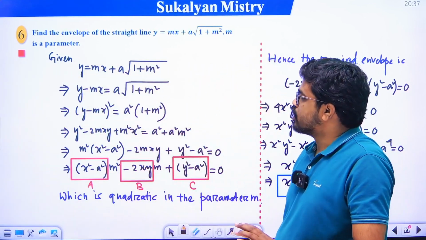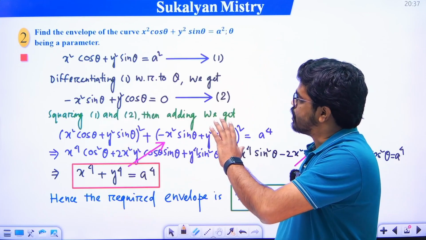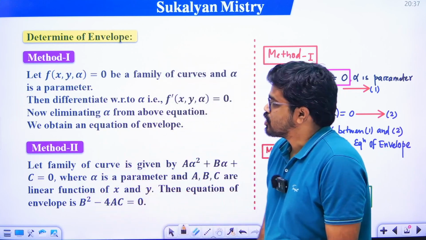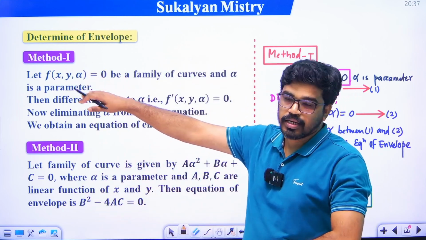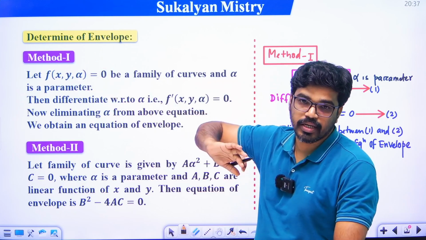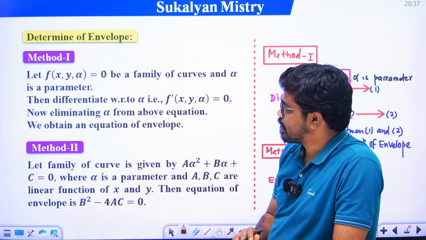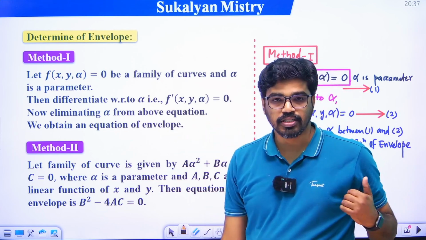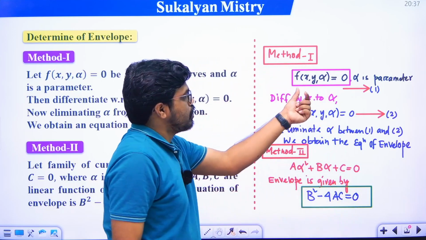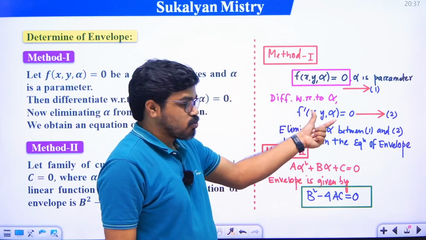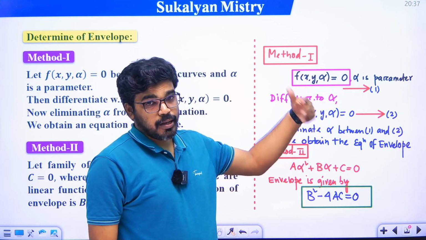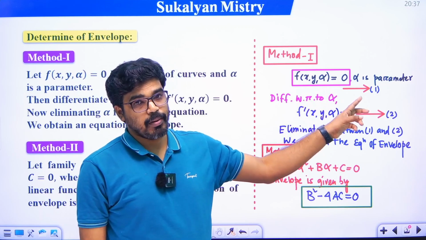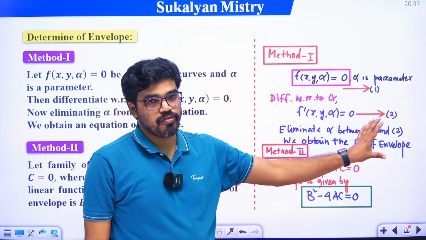Right, so if the given equation is of the form f of x comma y comma alpha is equal to 0, where alpha is a parameter, that is here only one parameter, then the first method is you differentiate with respect to alpha the given equation. After differentiating with respect to alpha, from the two equations you have to eliminate the parameter. So here alpha is a parameter, so we have to eliminate the parameter alpha and you get the equation of envelope. So this is method 1.